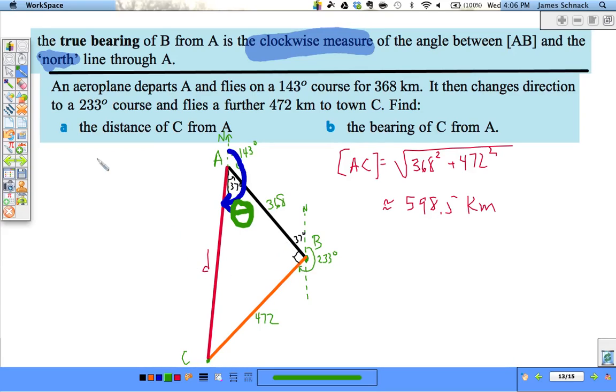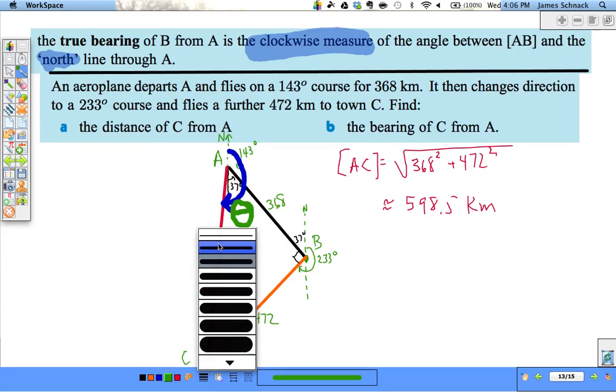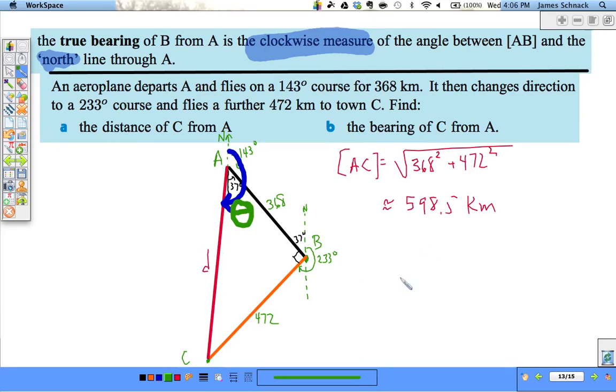And since we have a right triangle, we can use SOHCAHTOA. I have the side opposite and adjacent, so tangent theta is equal to 472 divided by 368. Remember, to find an angle, we use inverse tangent.